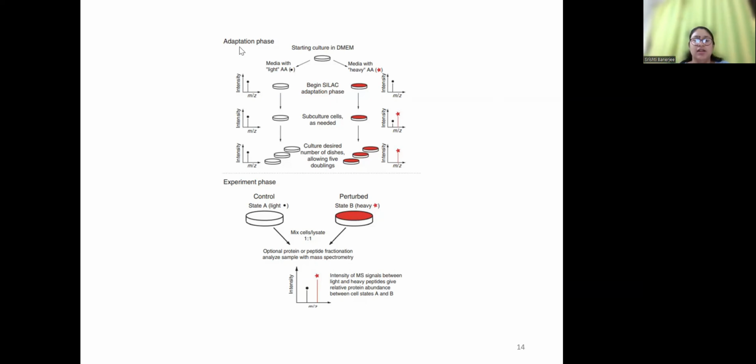So you have a control. This one was your control, which you did not label, or you just grew it with light amino acids. And this one was your test, which you grew with heavy amino acids.